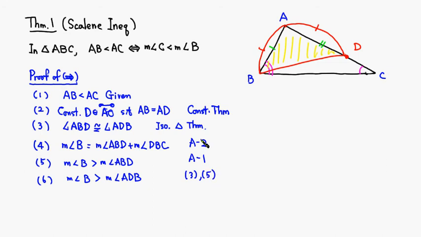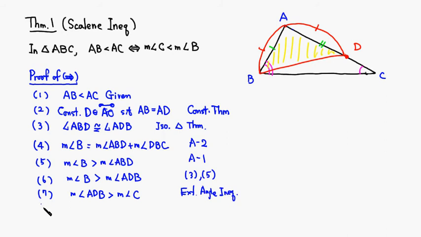Then we can do an exterior angle inequality, because angle ADB is the exterior angle and angle C is the opposite interior angle. So 7: the measure of angle ADB is greater than the measure of angle C. This is by the exterior angle inequality.